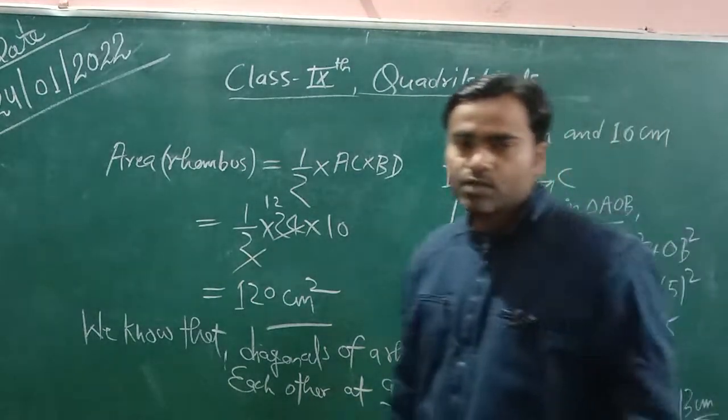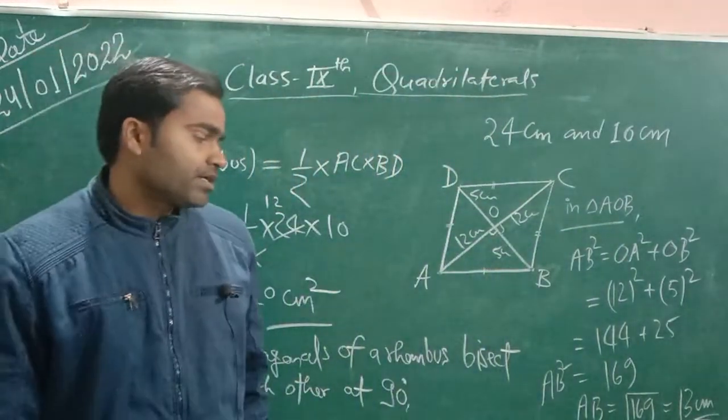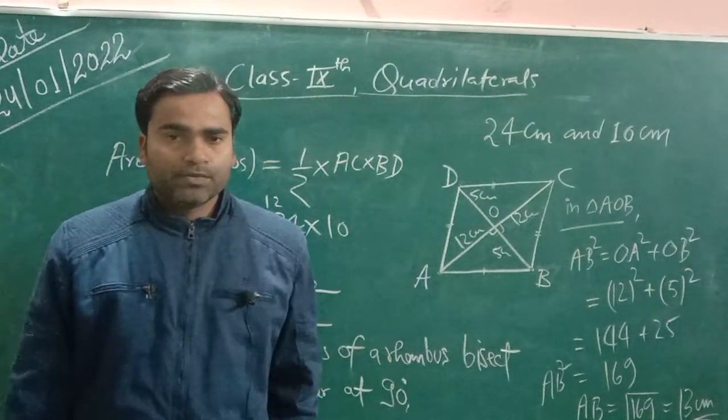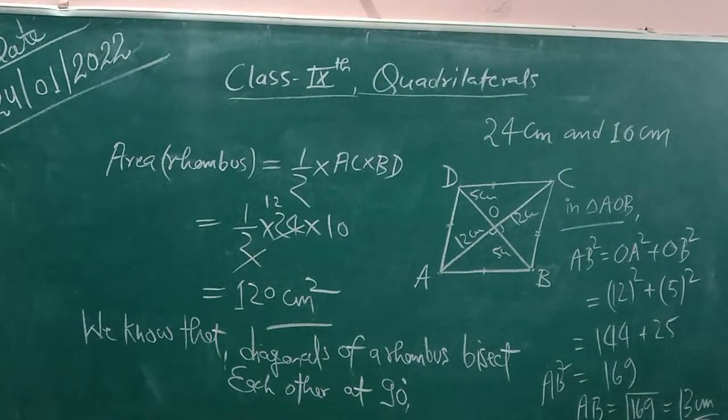All four sides are equal in case of a rhombus. Hence perimeter will be 4a, 13 into 4, 52 cm. So just write down perimeter of rhombus equals 4 multiplied by side, 4 multiplied by 13, is 52 cm. Hence the area is 120 cm square, and the perimeter is 52 cm.